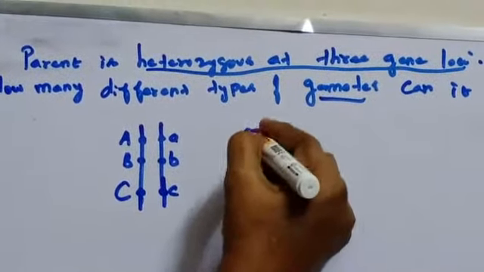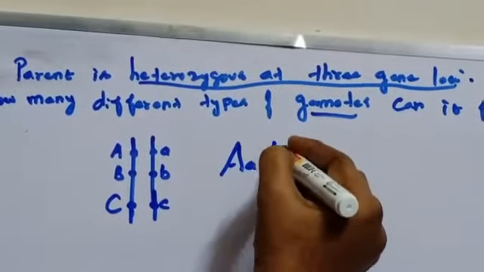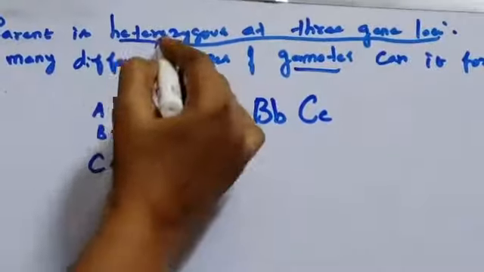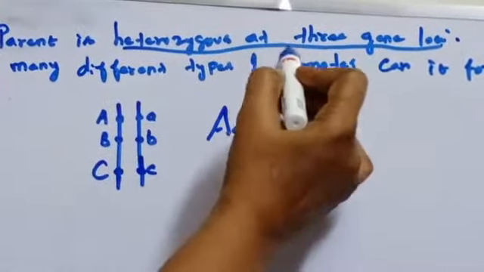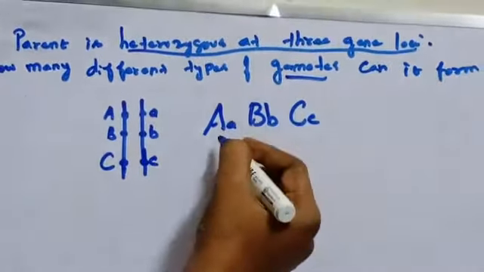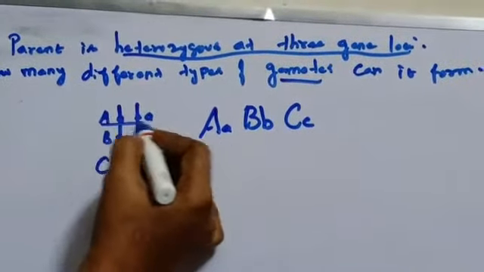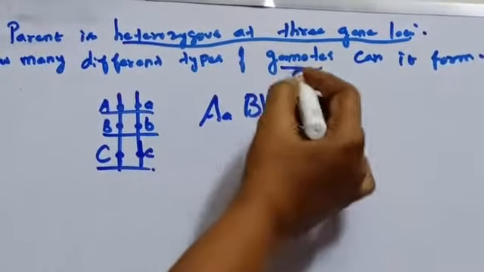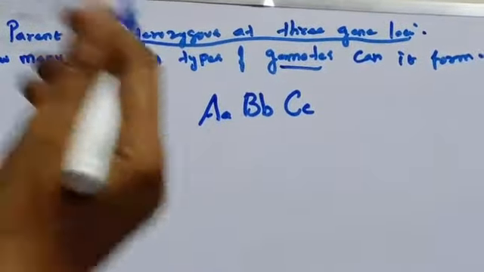How many heterozygous? 3 heterozygous genes. See here, they are located at different loci.